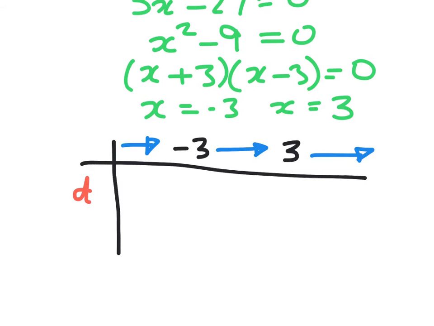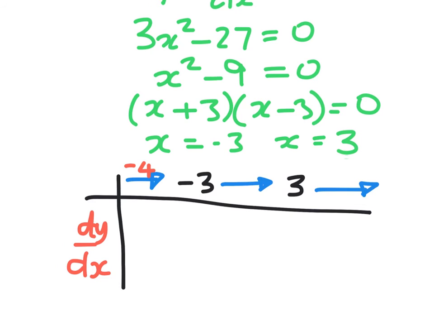And remember, they're getting substituted into dy by dx. So pick a number before -3, like -4, and substitute that -4 into your differentiated formula. 3 times -4 squared is 48, take away 27 is 21, so your graph's going to go up to start with.